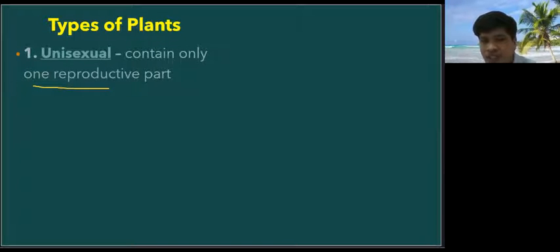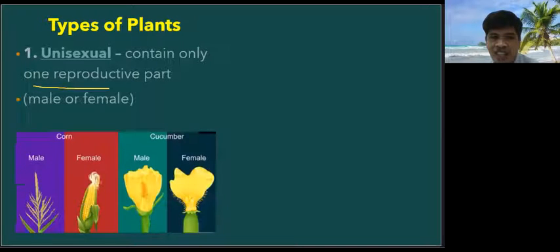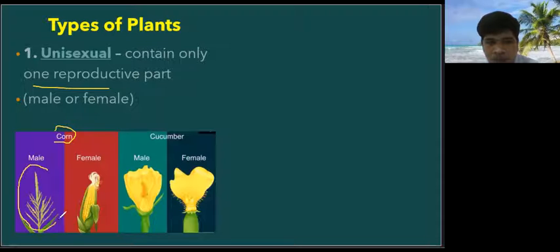There are plants which have only one part. Example, corn. The flower of a corn: this is the male part of the flower, and this is the female part.